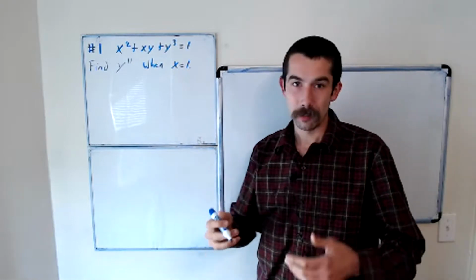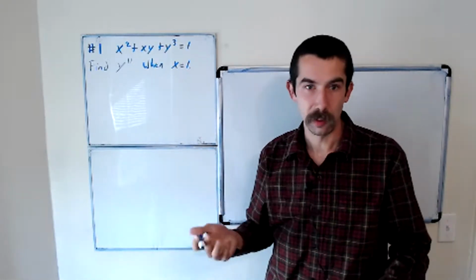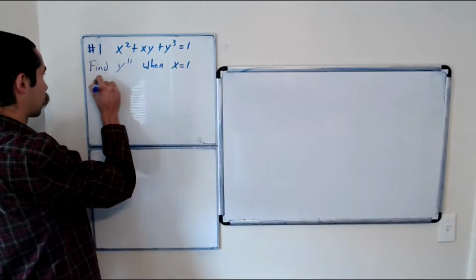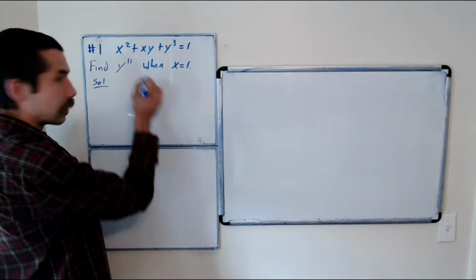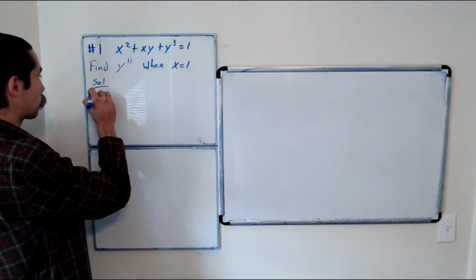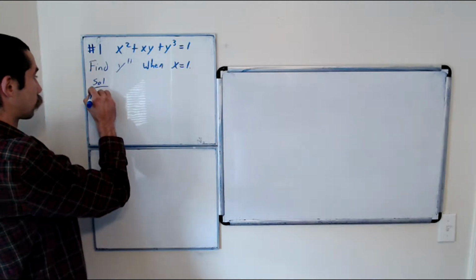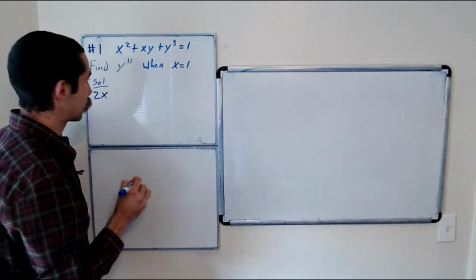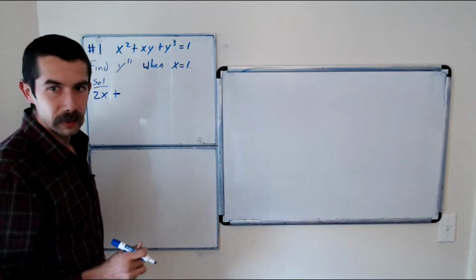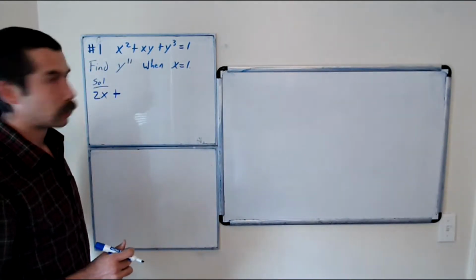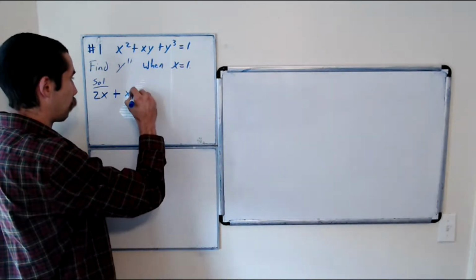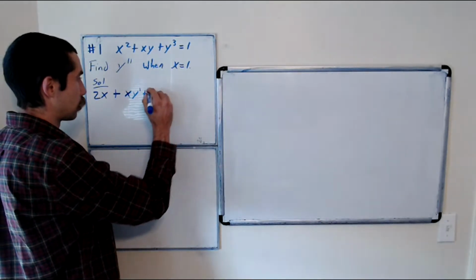Okay, and so we're going to just take the derivative a few times. So let's start by differentiating both sides, right? So the derivative of x squared is 2x plus, okay, what's the derivative of xy? It's xy prime plus y, right?